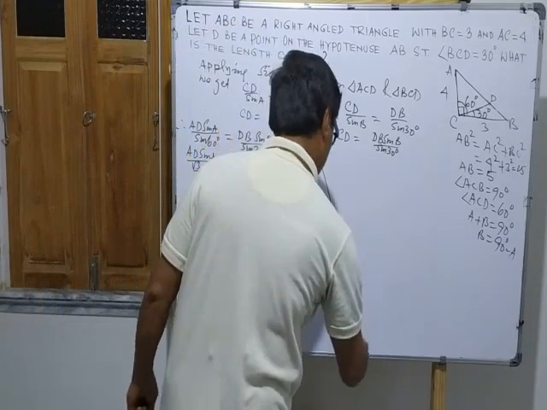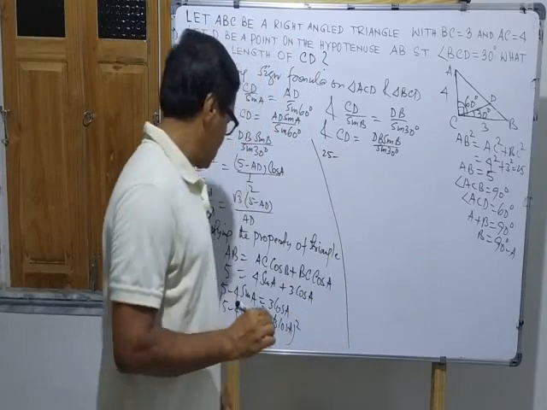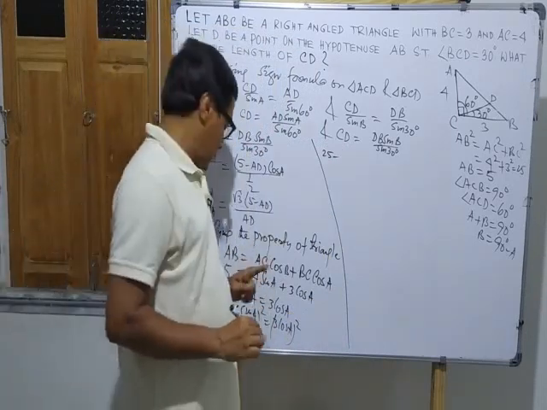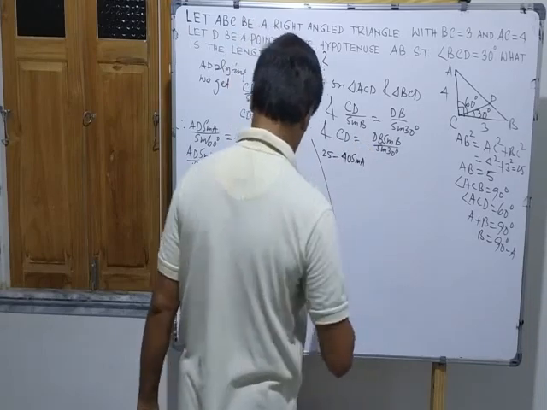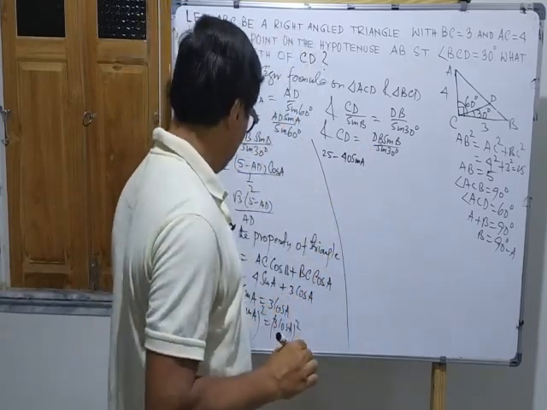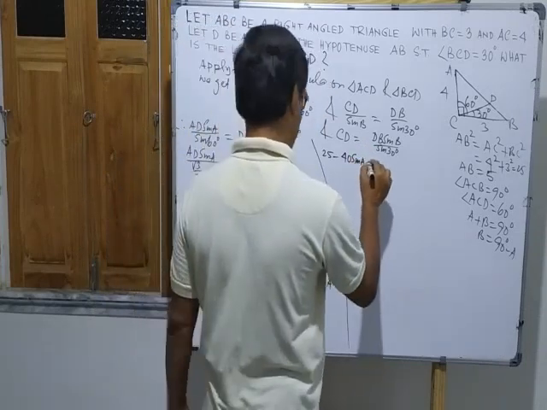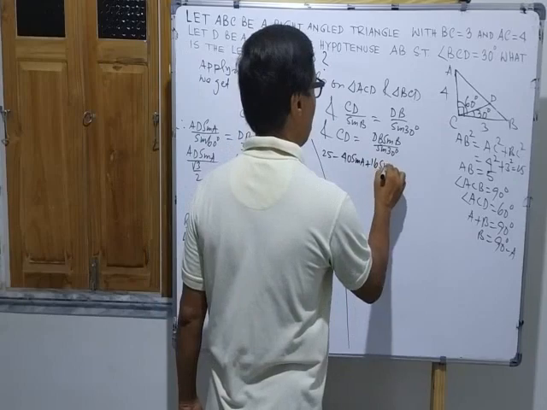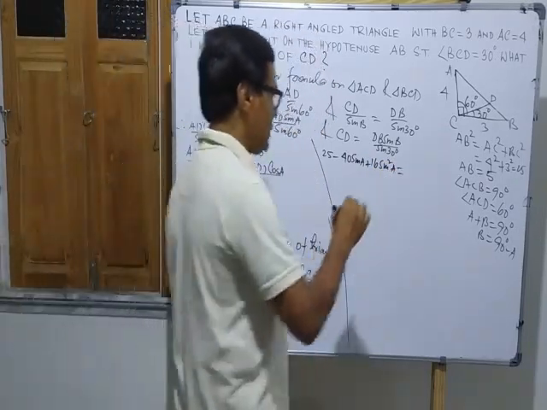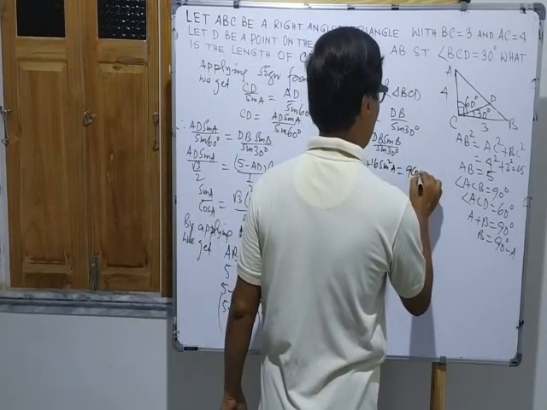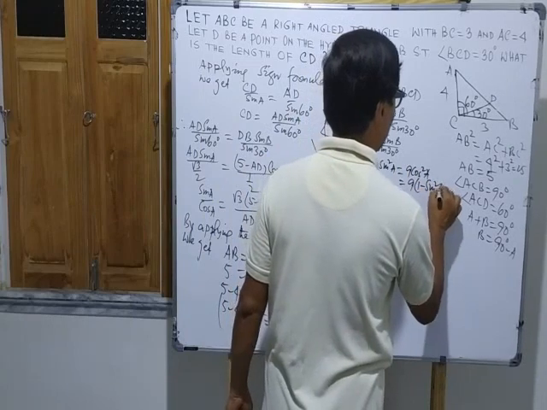This implies, expanding the square, 25 minus 40 sin A plus 16 sin square A equal to 9 cos square A. The right hand side is 9 cos square A, which is equal to 9 into 1 minus sin square A.